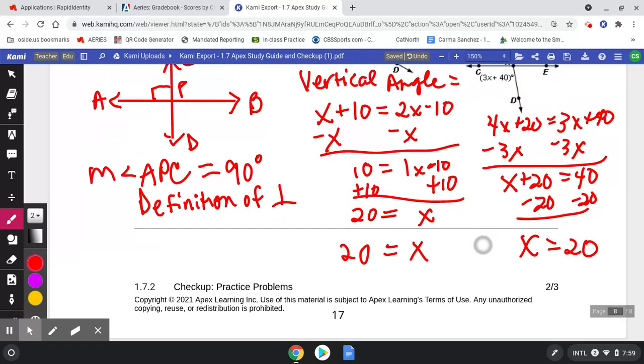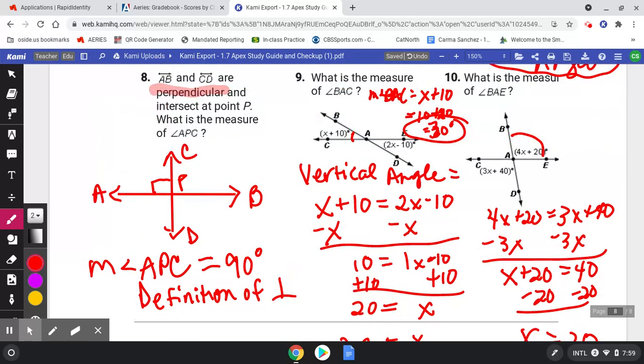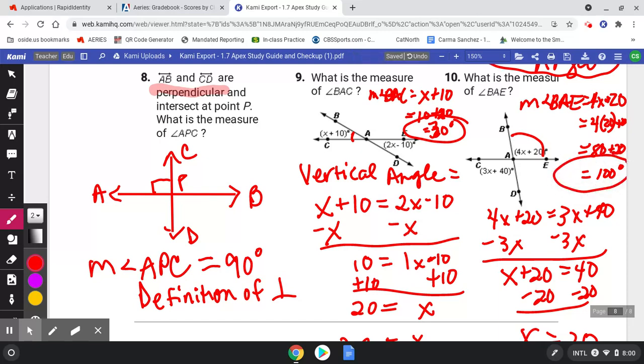Since we get x equals 20, we now take that and plug that back in for this measure. So the measure of angle BAE equals 4x plus 20. And we just got that x was 20. So 4 times 20 plus 20, or 80 plus 20 equals 100 degrees. So the measure of angle BAE is equal to 100 degrees.